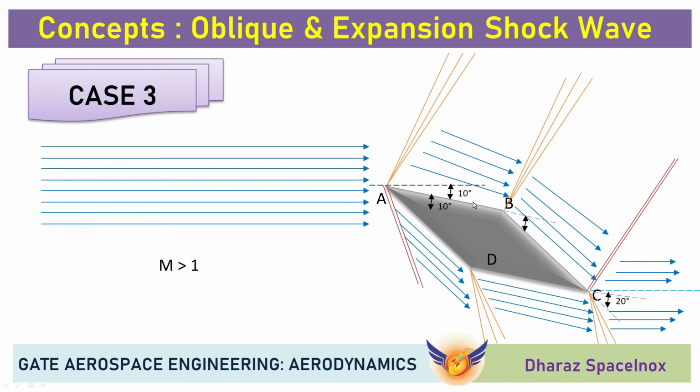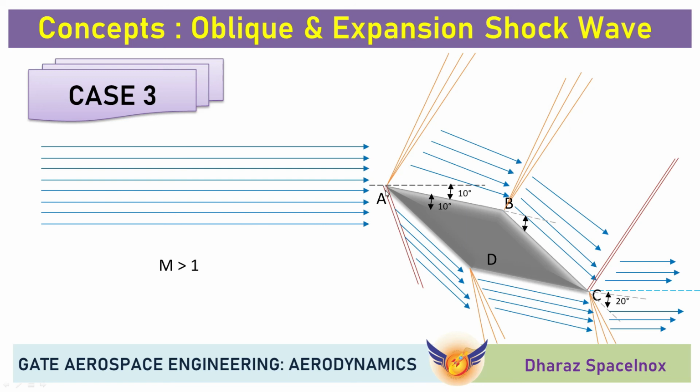In this kind of scenario, what sort of flow will happen at each and every point? At the point A, when the free stream flow comes and hits the upper profile, the AB is deflected downwards by 10 degrees. As it is deflected downwards, it leads to an expansion shock wave.